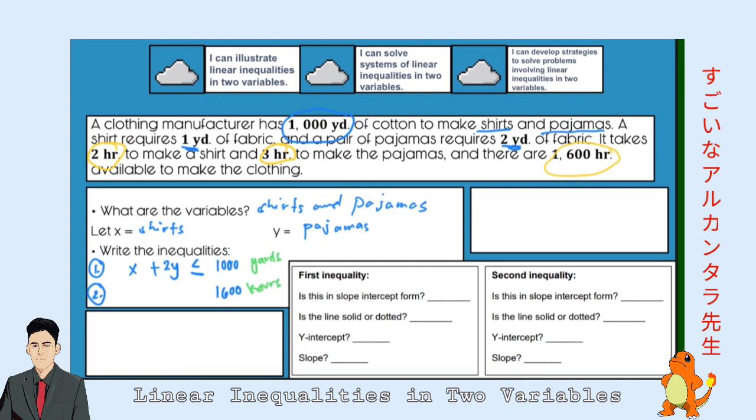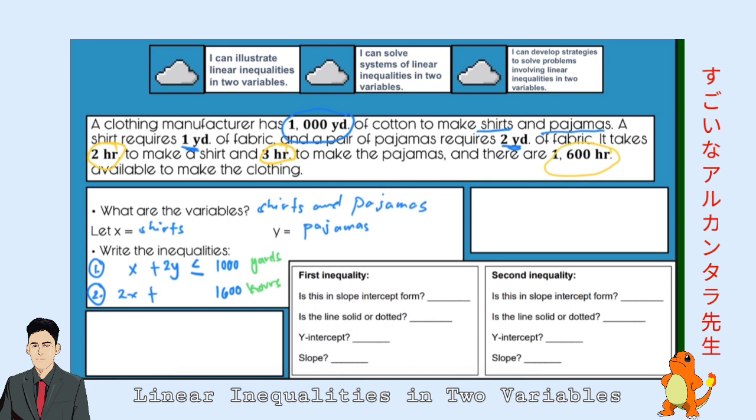So you should not have x plus 2y then 1,600, because x plus 2y refers to the yards. So you have to be consistent. What refers to the hours here? You have 2 hours and 3 hours. Since shirts are represented by x and take 2 hours, you'll have 2x.